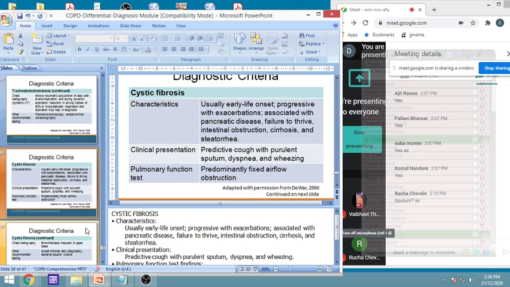Steatorrhea means fat-like material is secreted in the feces. Then clinical presentation, it shows productive cough with purulent sputum. There is dyspnea and wheezing, and predominantly fixed airflow obstruction will be there.